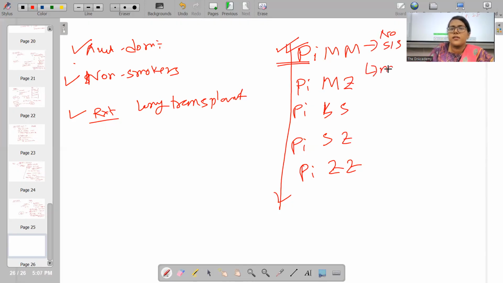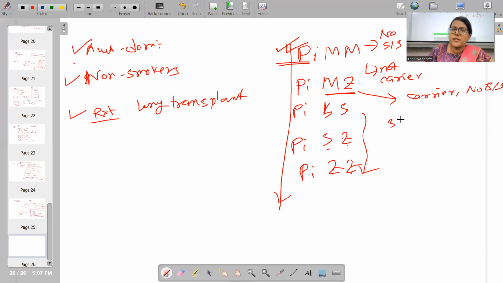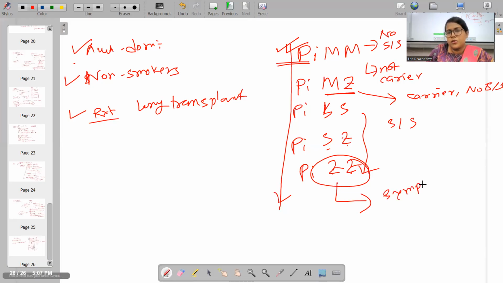Patient is not even a carrier. MZ means patient is a carrier and asymptomatic. From the SS to SZ and ZZ, they might have more chances of showing signs and symptoms, and ZZ has the most chances of having all the complications related to COPD. Symptomatic plus complications.